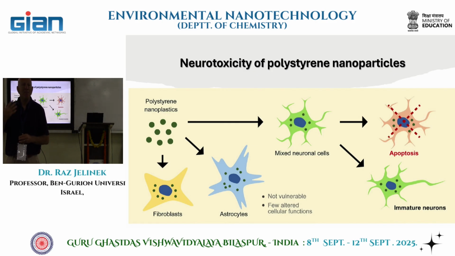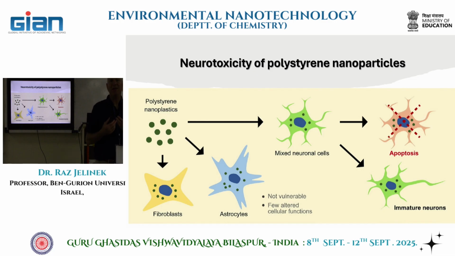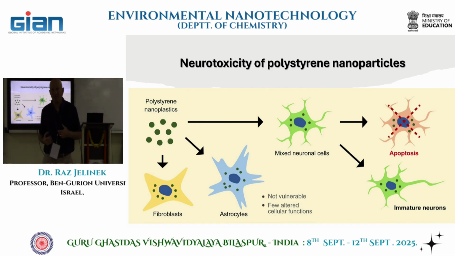There are many, many more autistic children in the world, at least in Western countries. And people don't know why. People don't know why there are so many autistic children. Maybe this is the reason. Because there's so much nanoplastic pollution, that children's brains do not develop well and they become autistic.